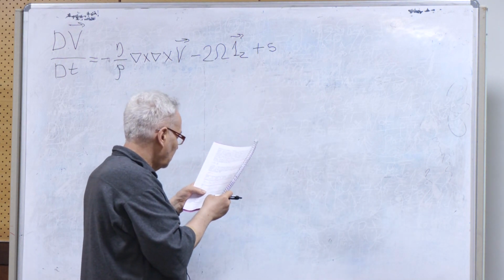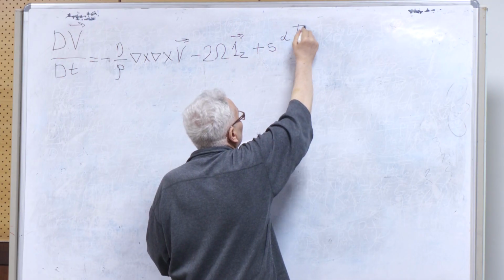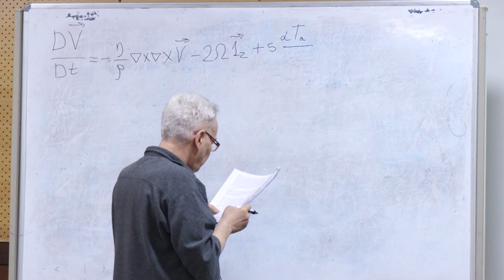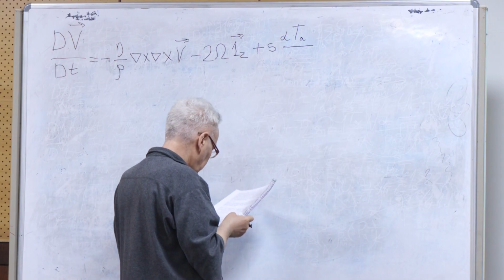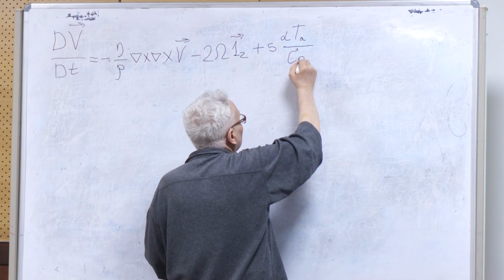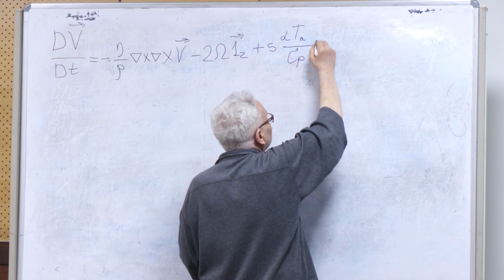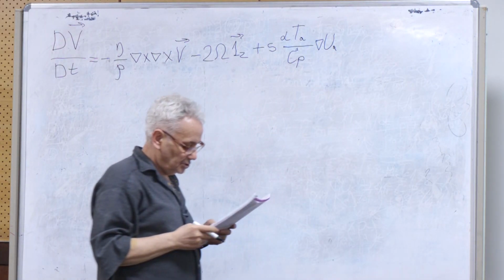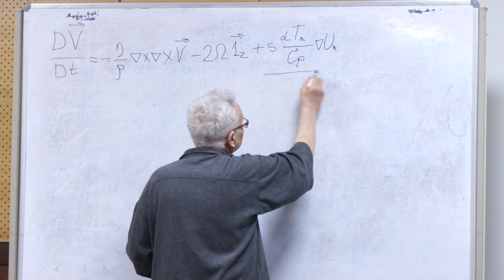Then there is the expansion coefficient with temperature, the corresponding adiabatic temperature. Then it is divided by Cp, and also there is the gradient of the adiabatic gravity potential. So this is the main term in all this kitchen.